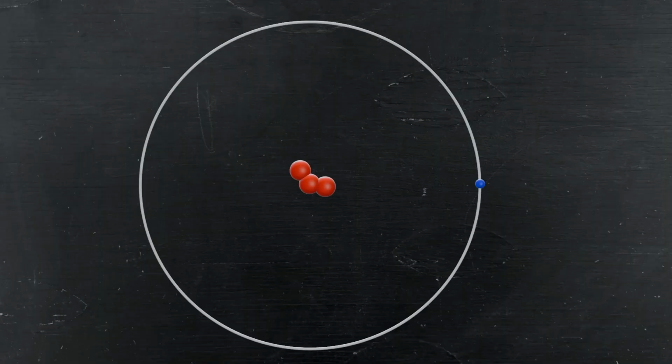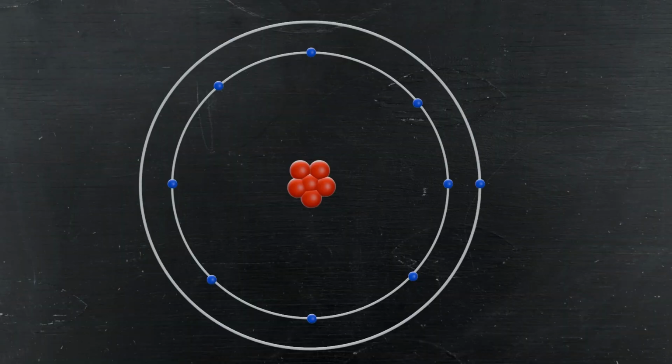Well, there are 2 things that influence how attracted an electron is to the nucleus. One of them is how many protons are in the middle, and the second is how well that electron can see the charge. As we go down the rows of the periodic table, our atoms get bigger and bigger, so our valence electrons get further and further away from the nucleus.